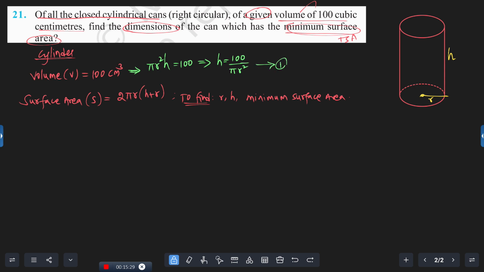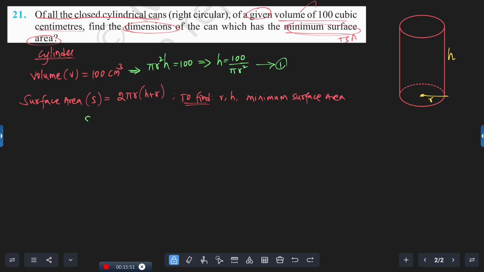That one I'm going to use and substitute instead of h. If you try to find r, it will come in a root, because square is there and when you send it opposite it becomes root. That is why I didn't find the r value. I got h.